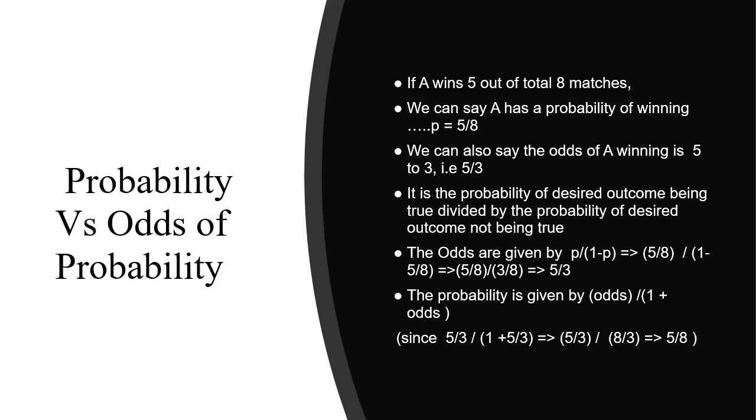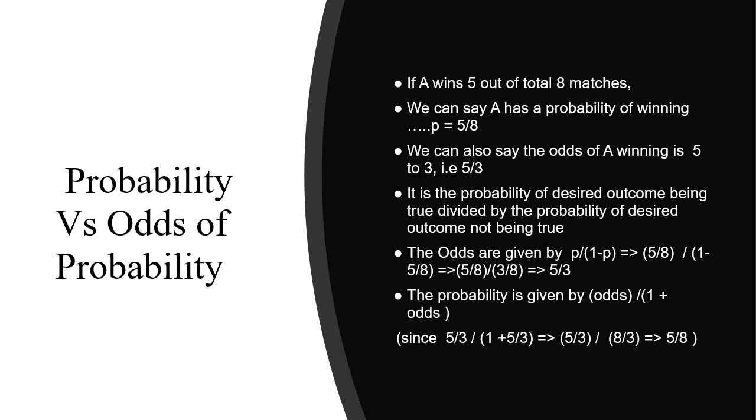Now if you see the last but one bullet, the odds can be obtained from probability: odds are P by 1 minus P. So 5 by 8 divided by 1 minus 5 by 8 will ultimately give you 5 by 3. That is, odds are 5 by 3 and the probability is 5 by 8.